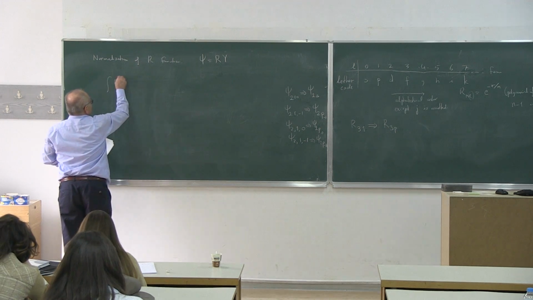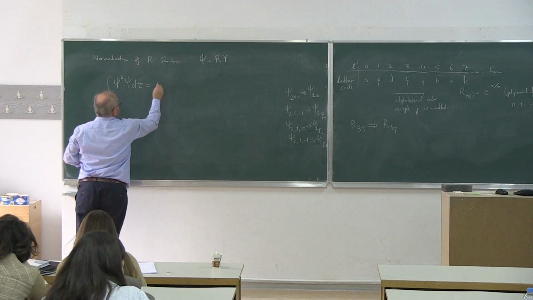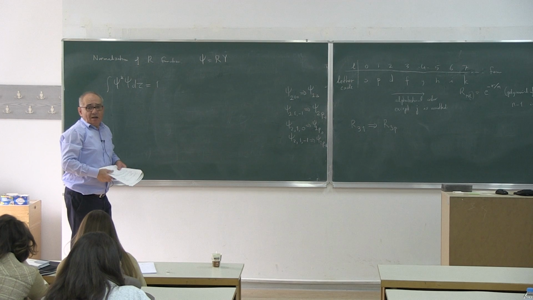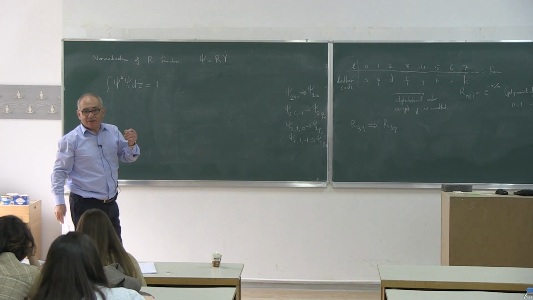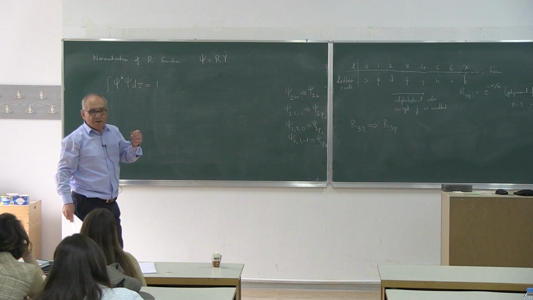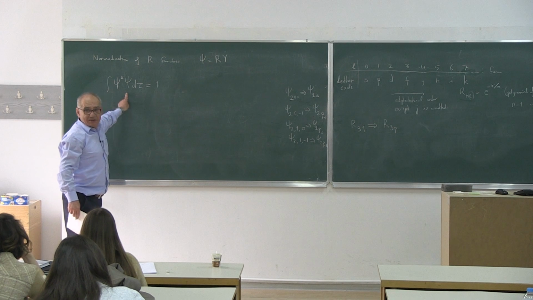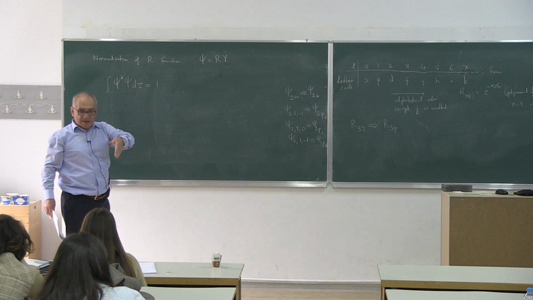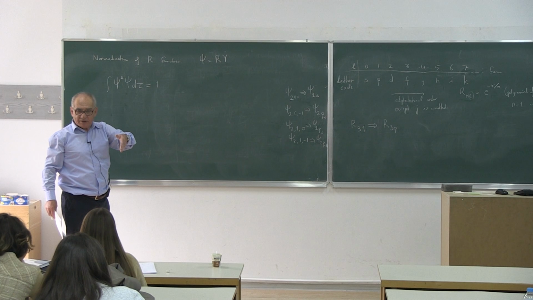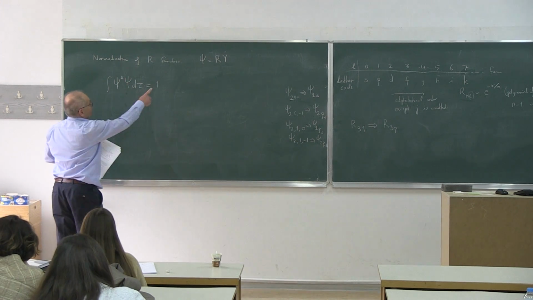The normalization condition is this. In this problem, how many independent variables are there? 3 independent variables. Therefore, this integral is how many dimensional? Triple integral. And integration limits are all space. Okay.